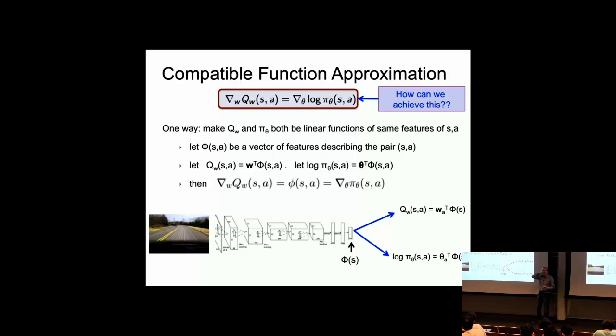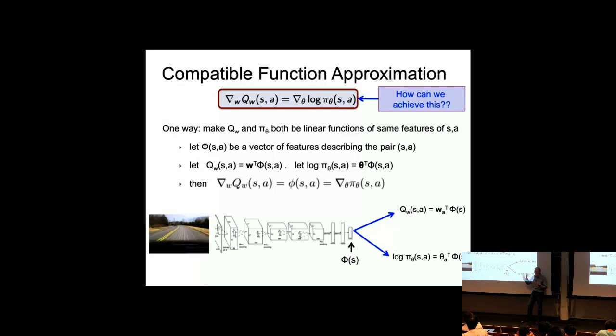So strictly speaking, the only thing we've shown is that if we train this entire neural network to optimize Q, and we get to a fixed point, the minimum possible squared error, then we can freeze all of these weights and train this using policy gradient where we substitute our approximation of Q. So strictly speaking, that's what we've proved so far.